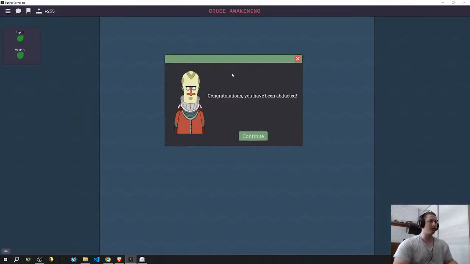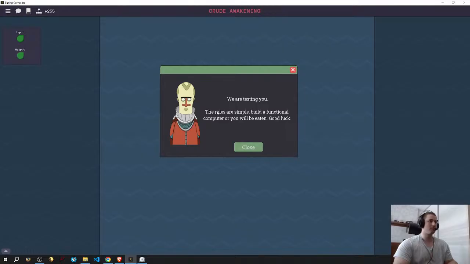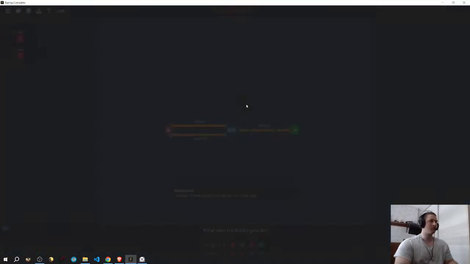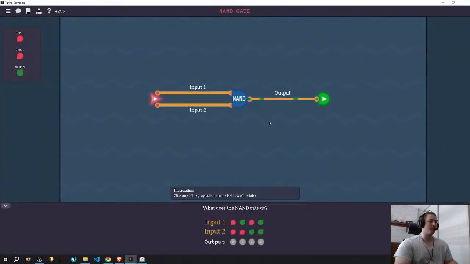I think this one is very simple. Yeah, so just a signal. Go back. This is the first gate.